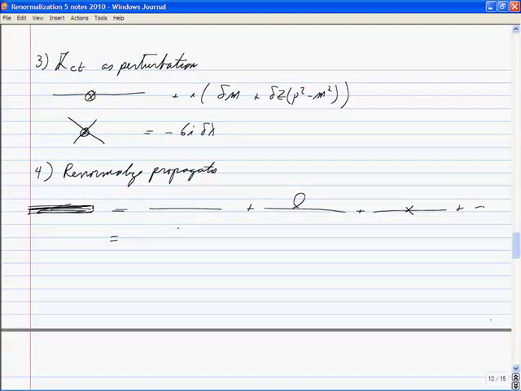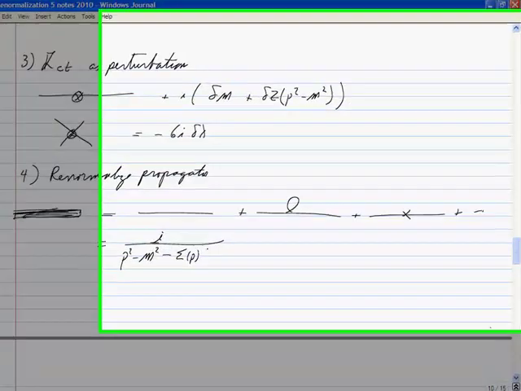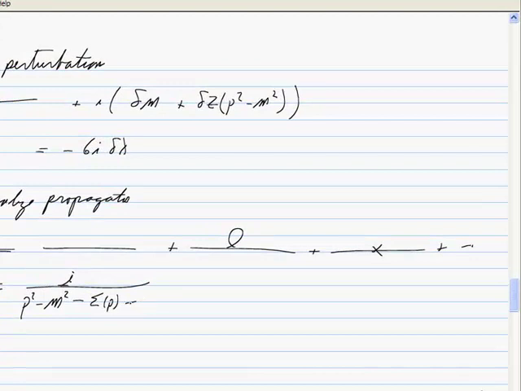This sums up to i over p squared minus m physical squared minus Σ(p), and then plus δm squared plus δZ (p squared minus m squared).